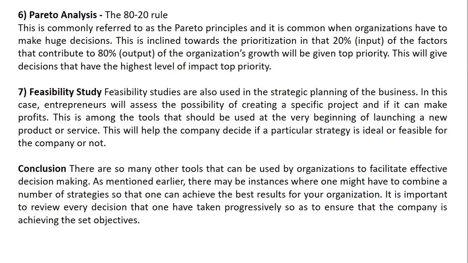Now, this is inclined towards prioritization, as I said, with respect to the 80-20 rule. Okay, 20 is your input, and 80 is your output. And this will also give a highest level of impact when it comes to the top priority of the decisions which you take.